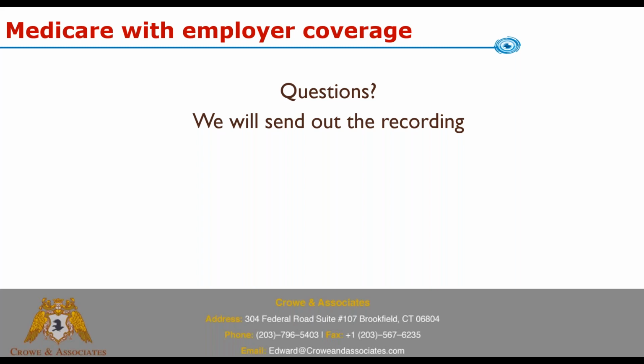Because really, you could either leave them on straight A and B, or they could pick up a zero premium MAPD for the extra benefits, because it'd be a tough sell to have them buy a supplement in that scenario. So yeah, I think that makes sense to go with the MAPD plan.